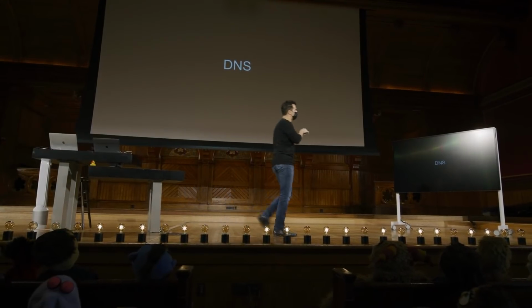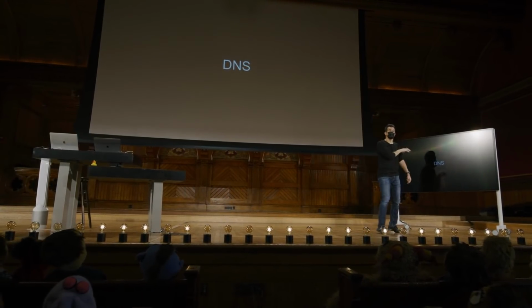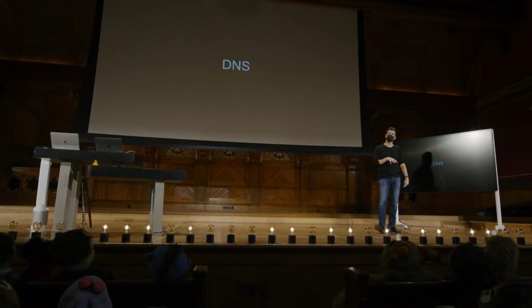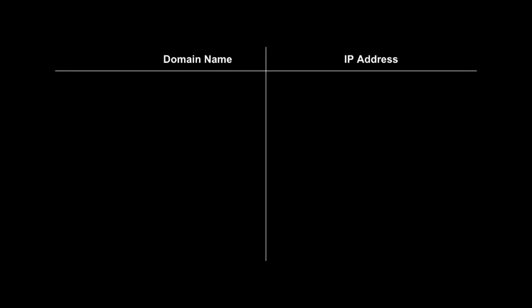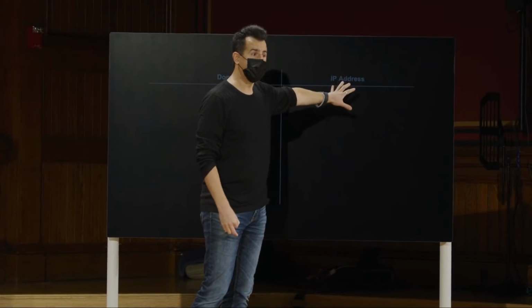But there's some server connected somehow to the network you're on, via wires or wirelessly, that just has a really big table in its memory, a big spreadsheet, if you will, or if you prefer, a hash table that has at least 2 columns of keys and values respectively, where on the left-hand side is what we'll call domain name, something like harvard.edu, yale.edu, and IP address on the right-hand side.